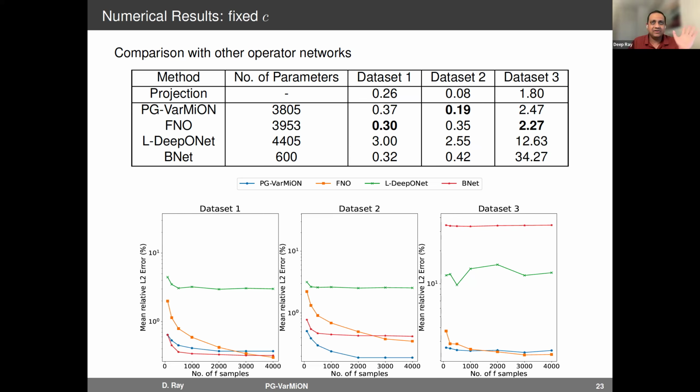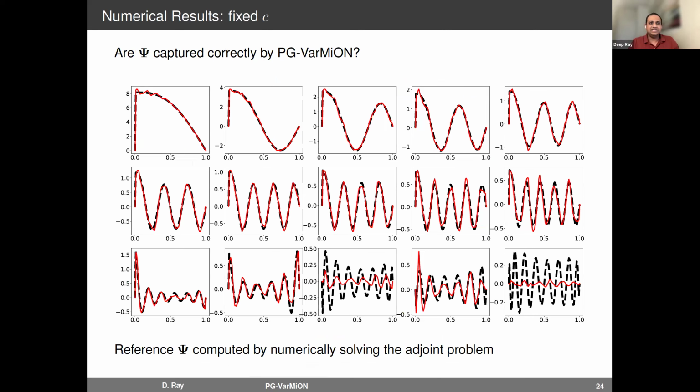So the main question is, I've done all of this, but remember, I have a network that is trying to learn the true psi, the weighting functions. Do I actually learn those at all? So this is an example. The dashed curve here is the true psi, which are computed offline by solving the adjoint problems. The red curves are what the PG-VarMiON has learned.